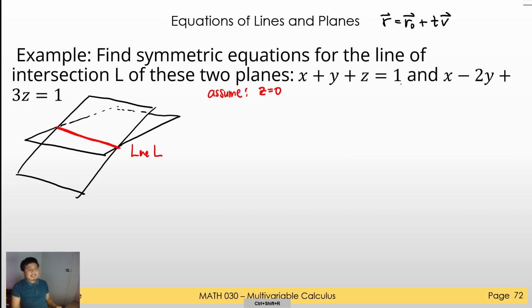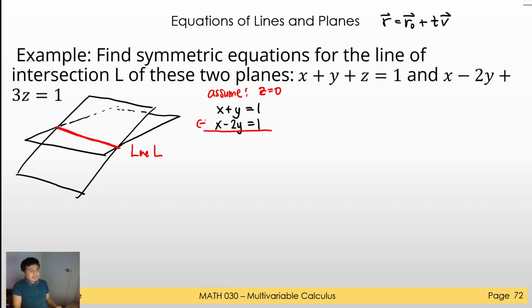we can find equations that solve for x and y. So we have x plus y, with z being 0, is equal to 1. And for the other equation, with z equal to 0, we have x minus 2y is equal to 1. One thing we can do is to add or subtract these two equations.